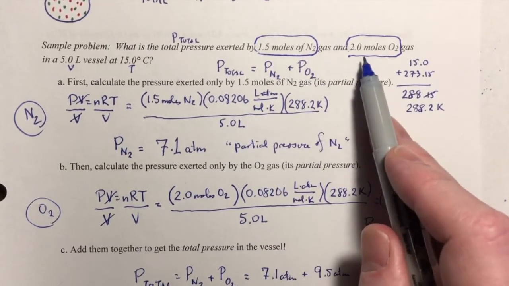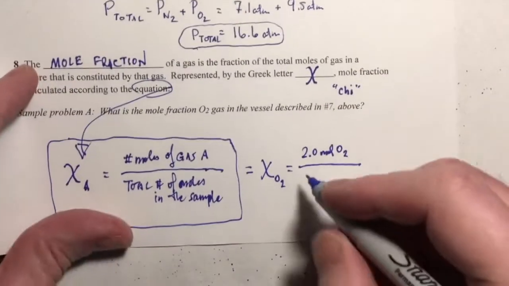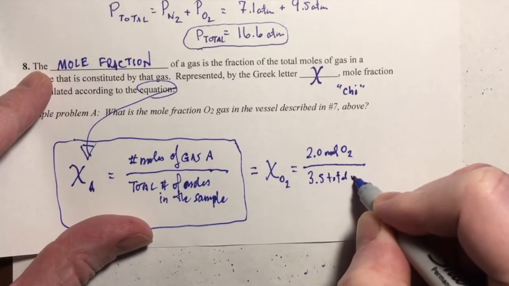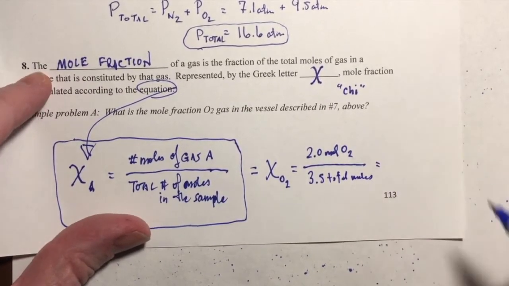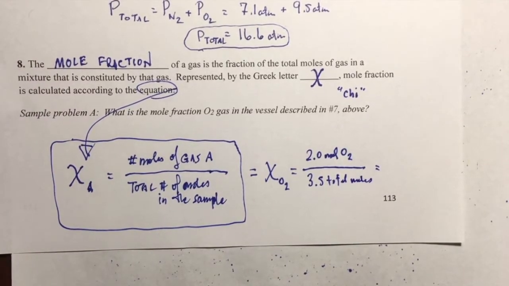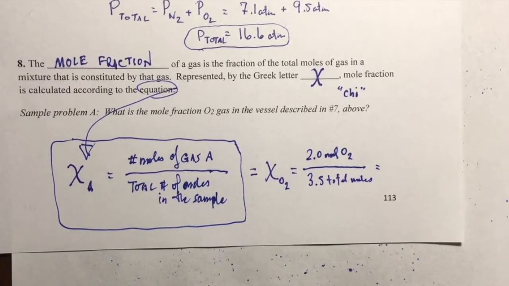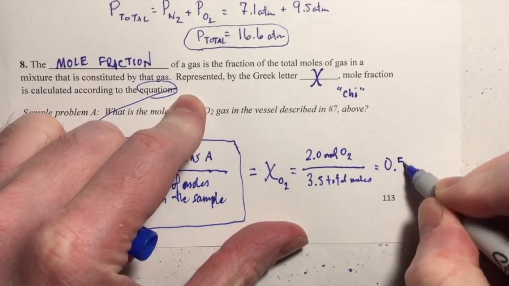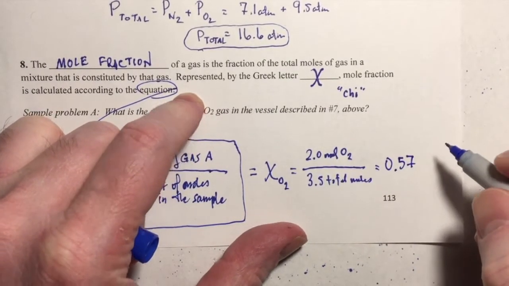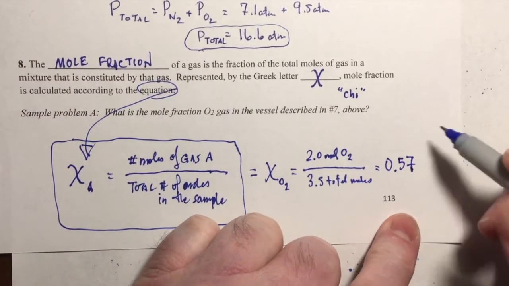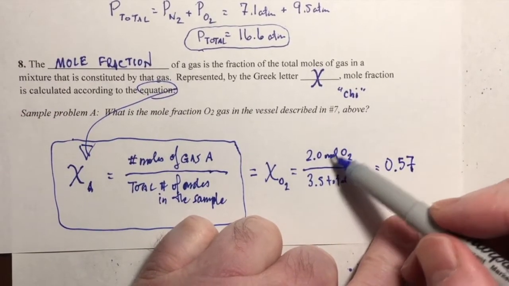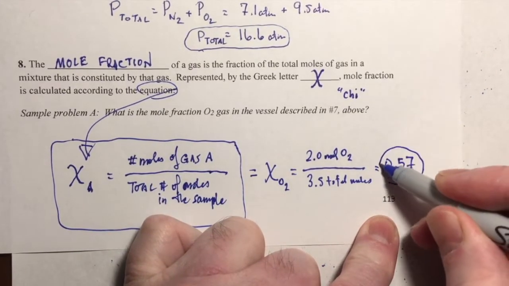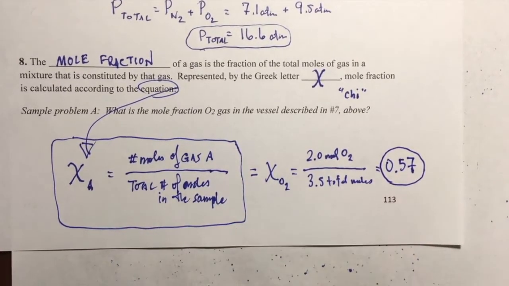So 1.5 and 2.0 is 3.5 total moles. We don't want to leave the fraction like that. We want to resolve it, and to 2 sig figs, that gives me a value of 0.57. This is a unitless number because moles and moles will cancel. So there's my answer to 2 sig figs.